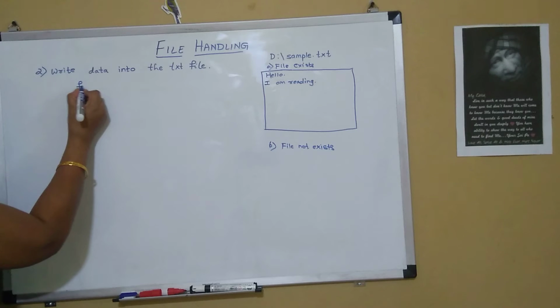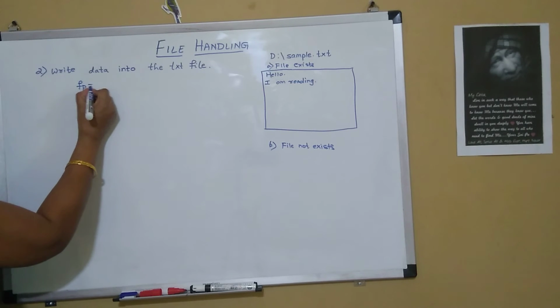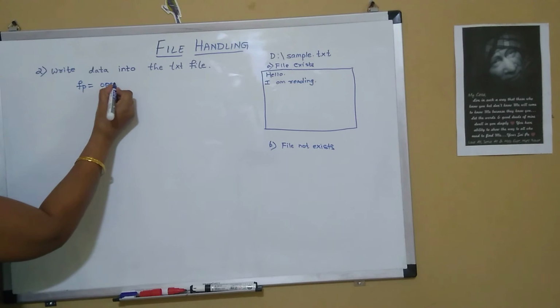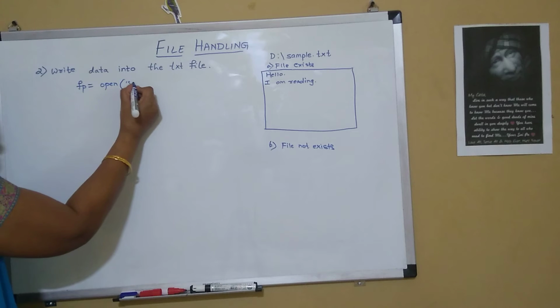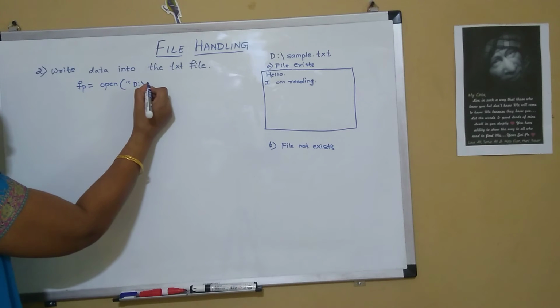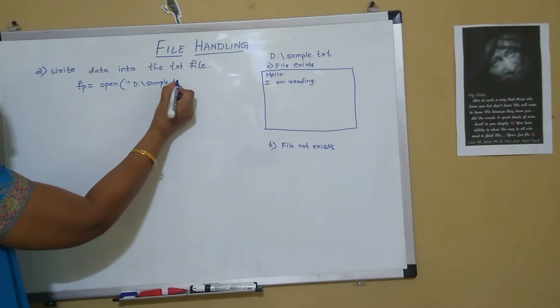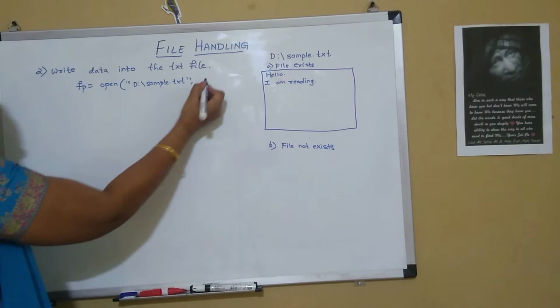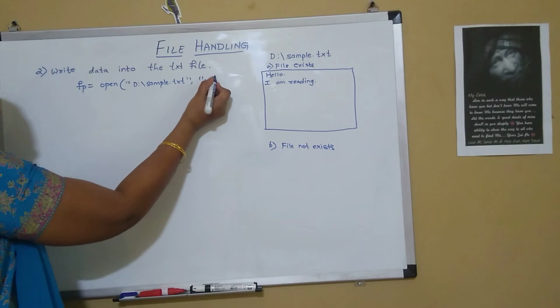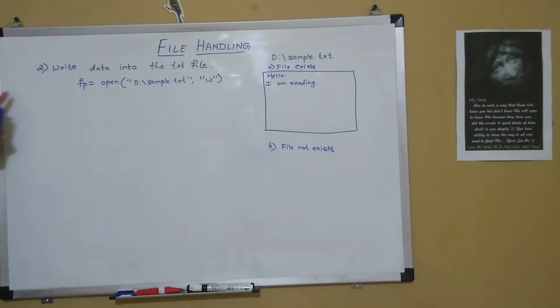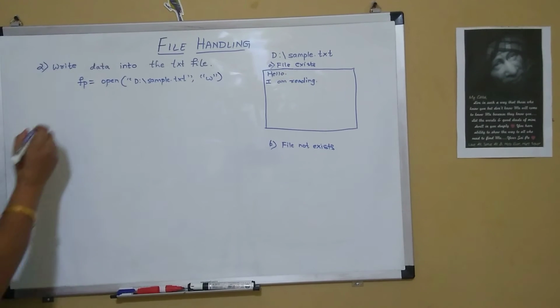So again let me say fp equal to open, I give d dot slash sample dot txt and I'll open it in the write mode. So here I am writing the details into the file.